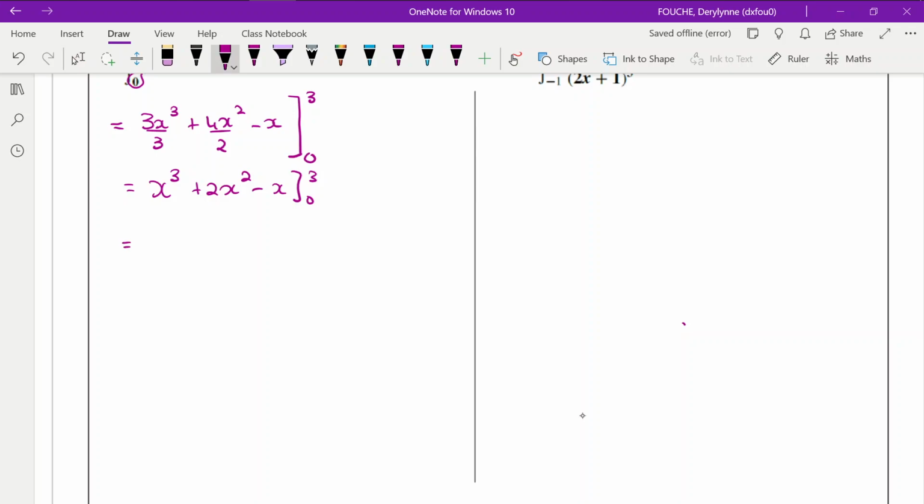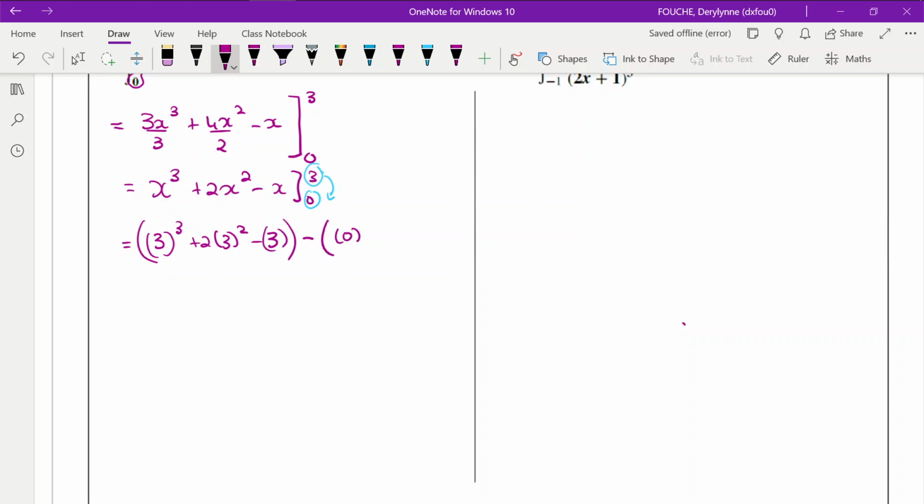We're now ready to substitute in, and we always write whatever number is at the top of our limits. We substitute first, and then we substitute our bottom limit in. Okay, so we're going to have 3 cubed plus 2 times 3 squared, take 3. Substituted 3 into every single term in my expression, and I'm putting brackets all the way around because often the negatives are going to mess with you.